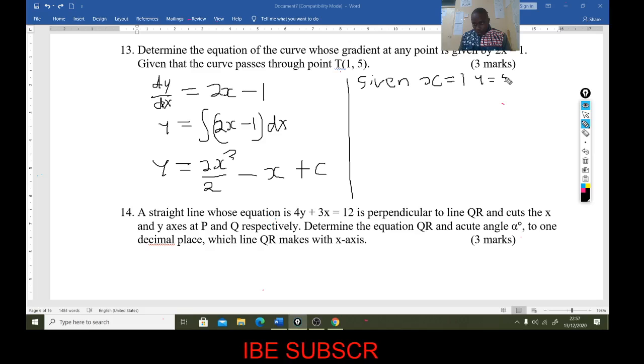Remember this becomes y equals x squared, since 2 and 2 cancel, minus x plus c.